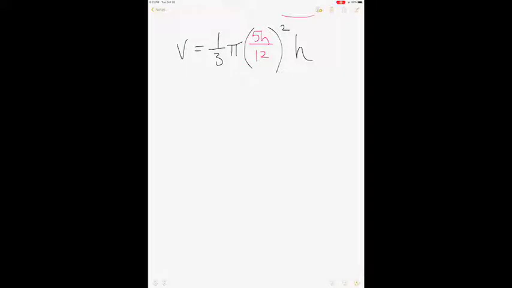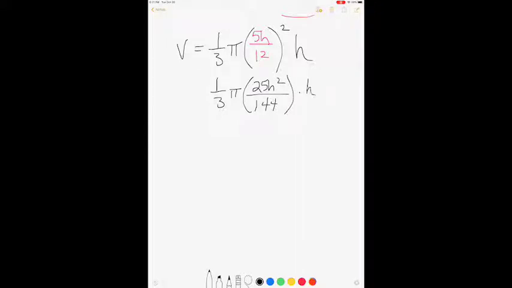All right, so let's simplify this before we try to take the derivative. And then I've got 1/3. So 1/3 times 25 over 144, I'm getting 25 over 432.